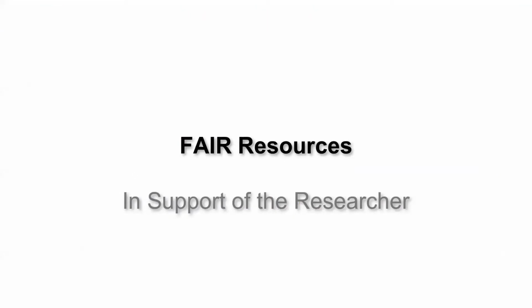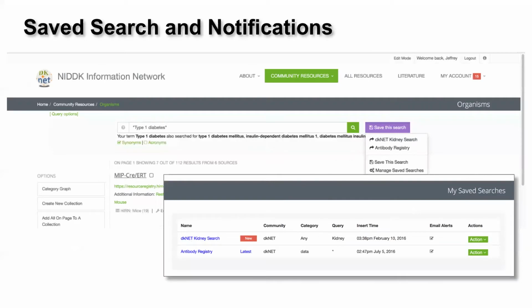So in terms of FAIR resources in support of the researcher, what are the tools and services that we're providing for the researcher? One of the things that is available in terms of the basic searches is the ability to save a search and then have the ability to send out information if there's new information from a search within the system.